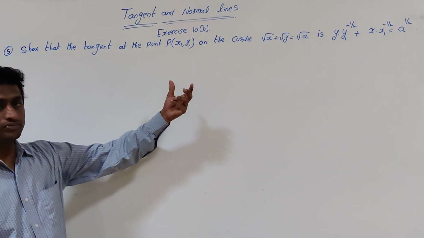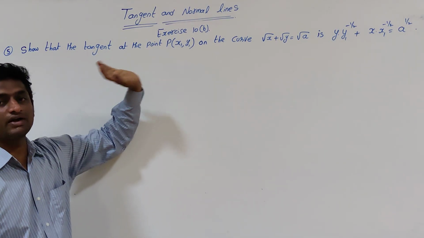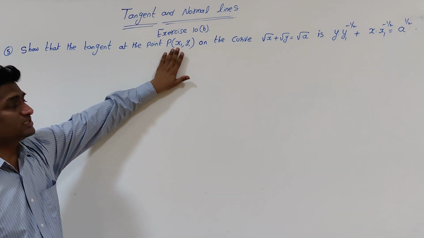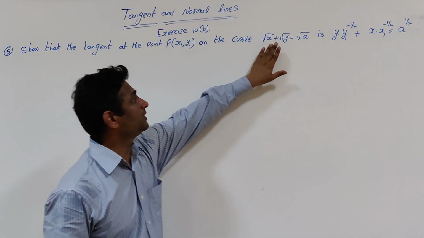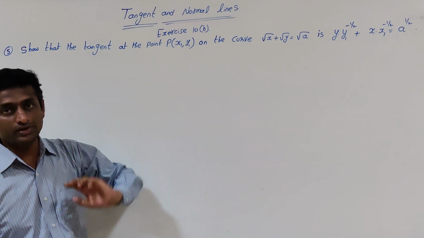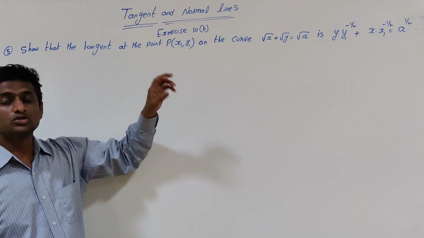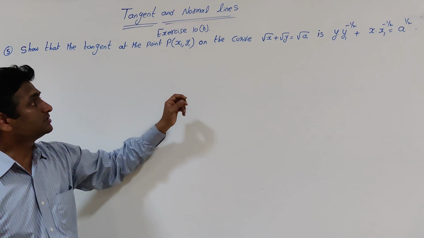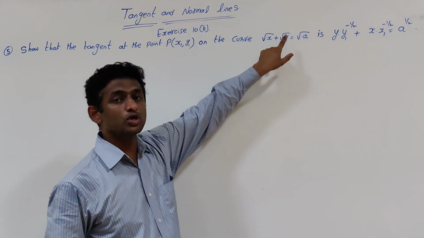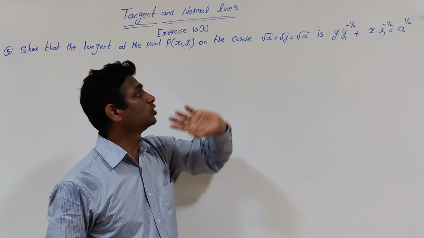There is a curve and the point is given as (x1, y1). If this is a point on the curve, it should satisfy the equation. That is, if you substitute (x1, y1) in the curve, what you get is root x1 plus root y1 equals root a.